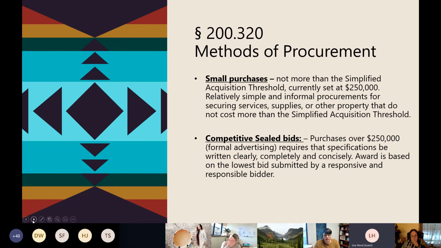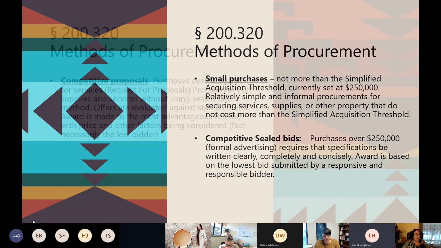It requires that your specifications be, we talked about writing them clearly, completely, concisely. That award is based on the lowest bid submitted by a responsive and responsible bidder, and we'll talk about that at one point. You have to make sure that they're both, and you cannot take their bid if they're not.